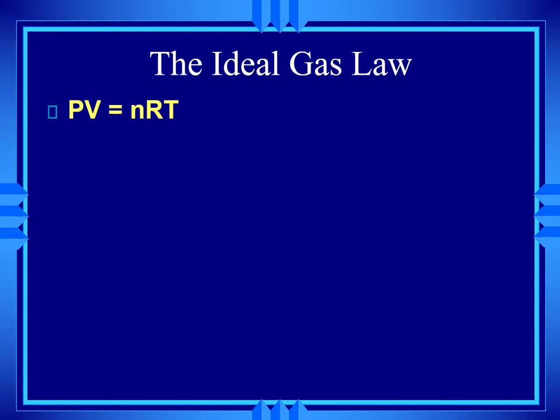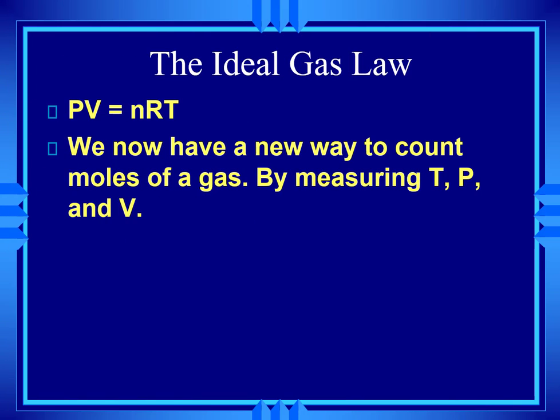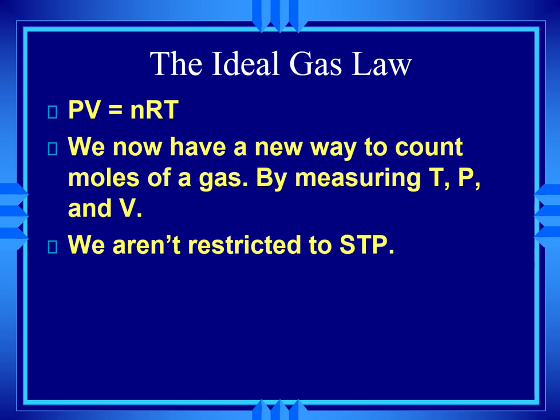So, that gives us a new way to count moles: by measuring temperature, pressure, and volume. I measure the temperature, the pressure, the volume, and I can calculate the moles. Because up to this point, if I wanted to know moles of gas, I was restricted to STP.